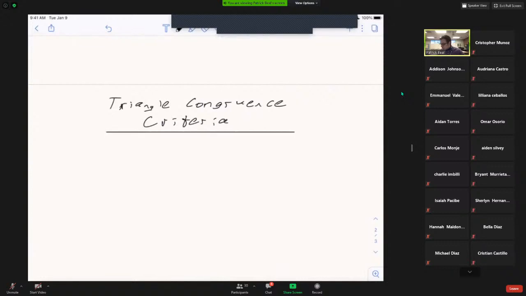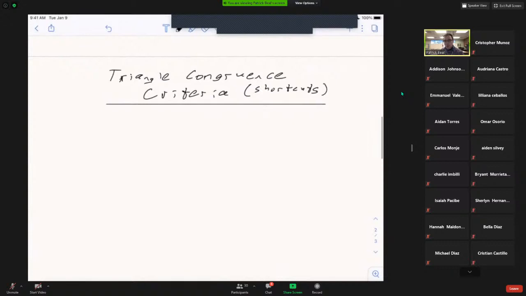What I really want you to think of here is that these are shortcuts to knowing whether or not 2 triangles are congruent. We don't need to know all 6 pieces of information, all 3 sides and all 3 angles. We can get away with less than that. And there are specifically 5 different shortcuts that we can use.